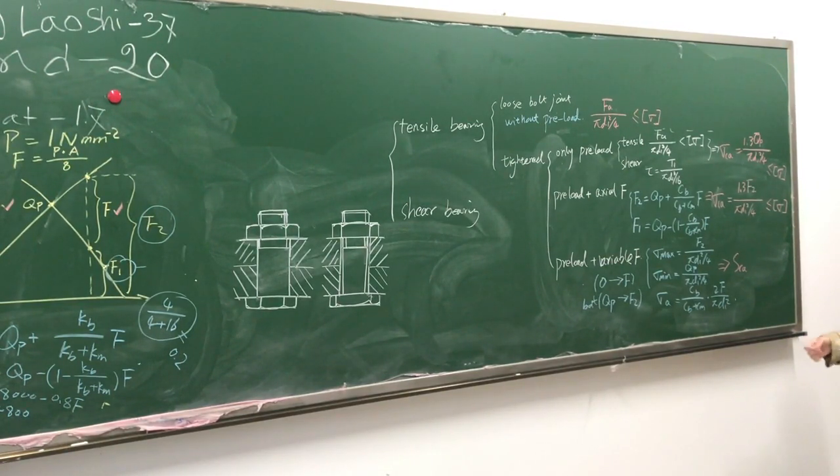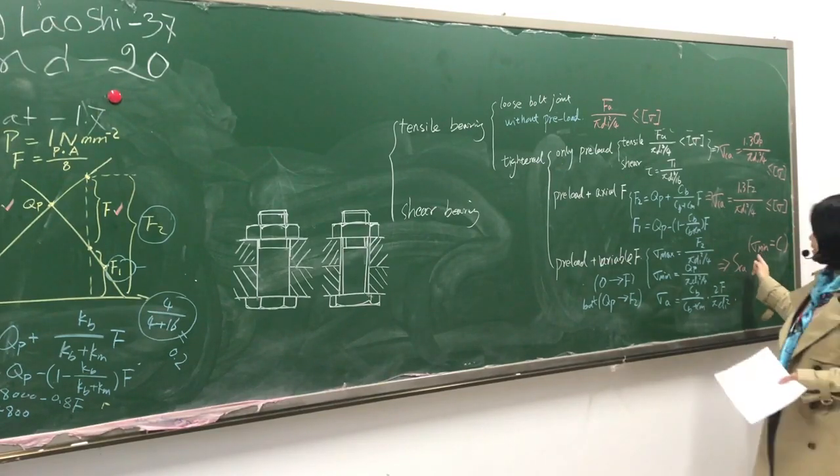Under fluctuation stress, the bolt should be checked for fatigue. And this condition is for sigma mean constant.